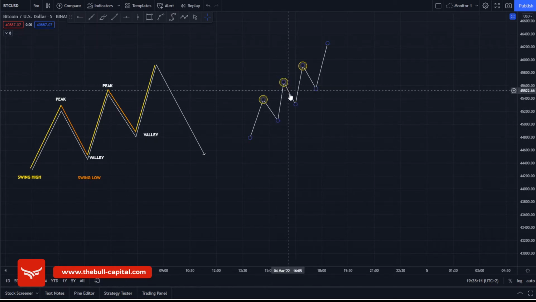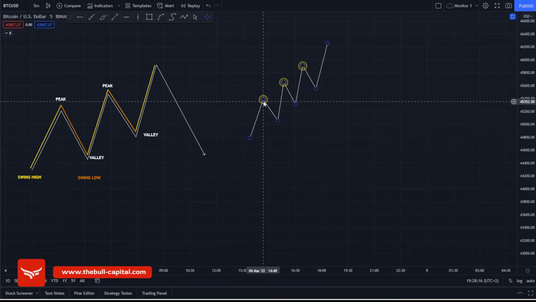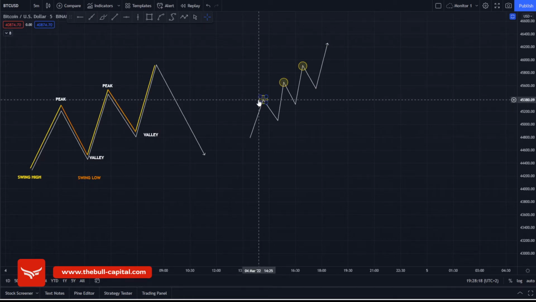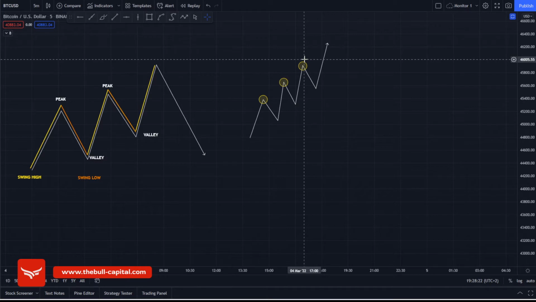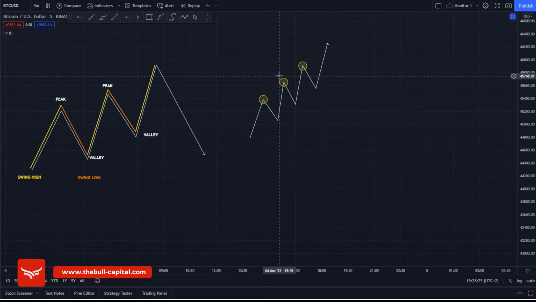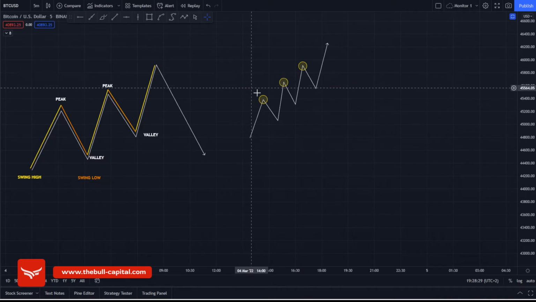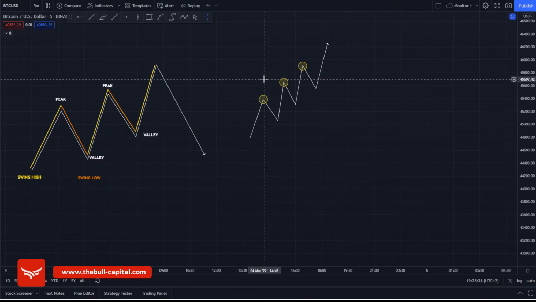The second peak is higher than the previous peak, and the next peak is higher than the previous one. So that's called a higher high.